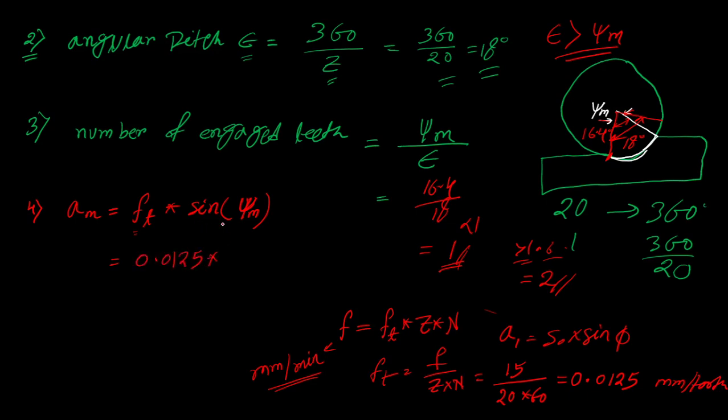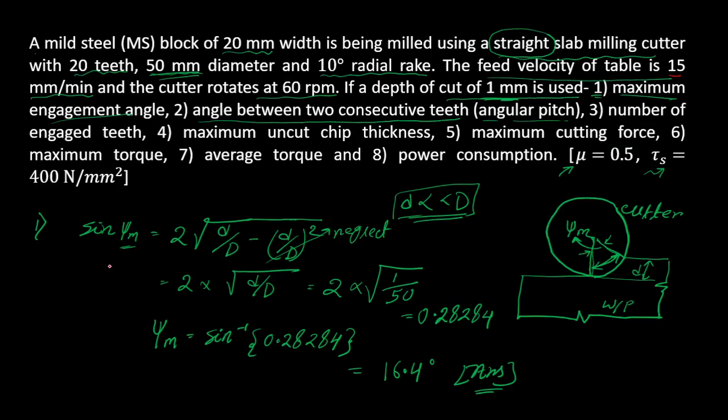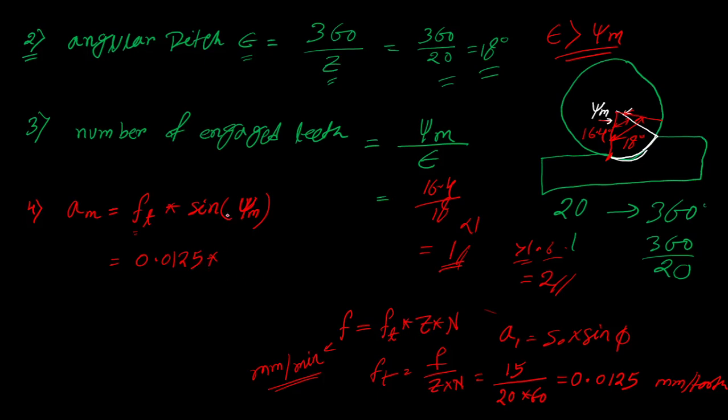Now this sin psi m, if you carefully observe, we already have the value 0.28284. Or if you want, you can write 2 into root of small d by capital D, where d1 is 50.